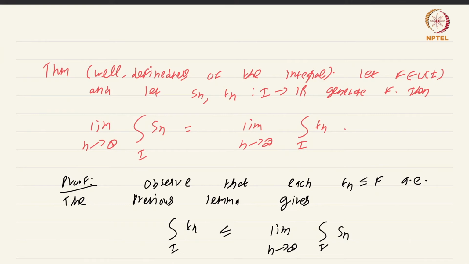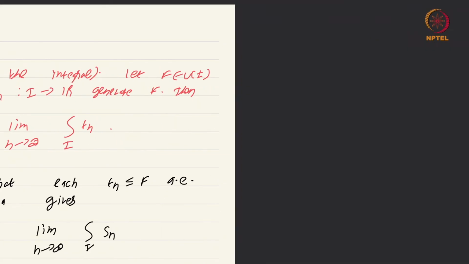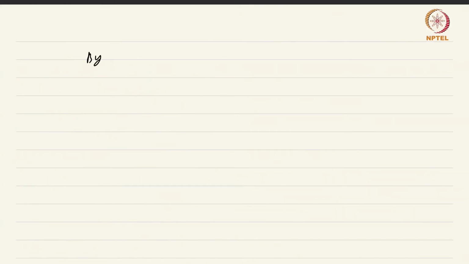Okay, and you can just pass to the limit on the left hand side also. So we get that the limit as n goes to infinity of the integral over I of Tn is less than or equal to the limit as n goes to infinity of the integral over I of Sn. By symmetry, the same argument gives the opposite inequality. We are done.